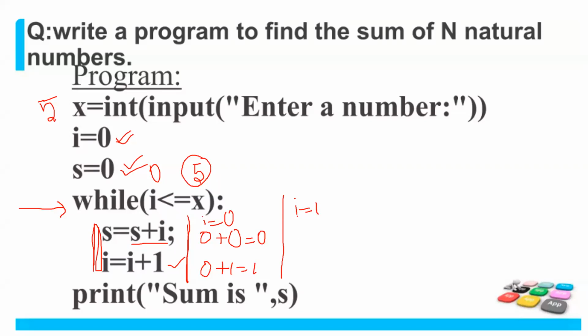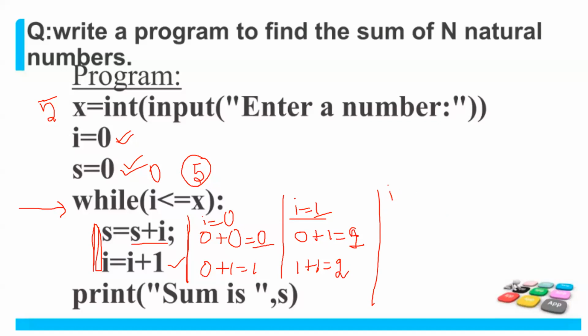Right now the value of i is 1, which is less than 5. So again s equals to s plus i will be executed, but the current value of s is 0 and the current value of i is 1. So the calculation will be 0 plus 1. i will be incremented; the value of i is 1, again 1 will be added and it will become 2. So after the second execution, the value of s becomes 1 and the value of i becomes 2.